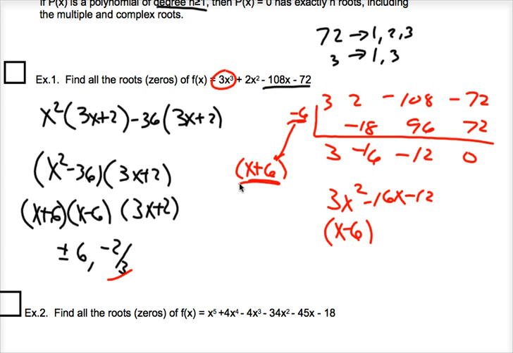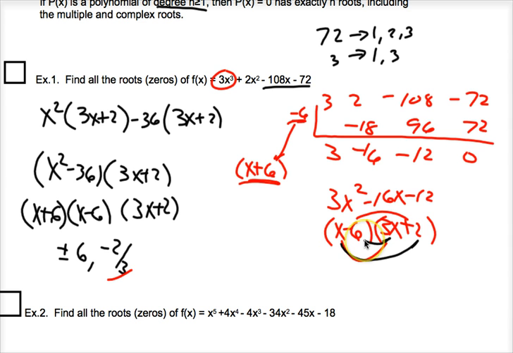So x minus 6, what would I have to do in order to get a 3x squared? I'd have to put a 3x right here, because then x times 3x is 3x squared. And what would I have to put at the end to get a minus 12 at the end? I'd have to put a plus 2, because negative 6 times 2 is negative 12. Now you want to verify that you've got the right middles.